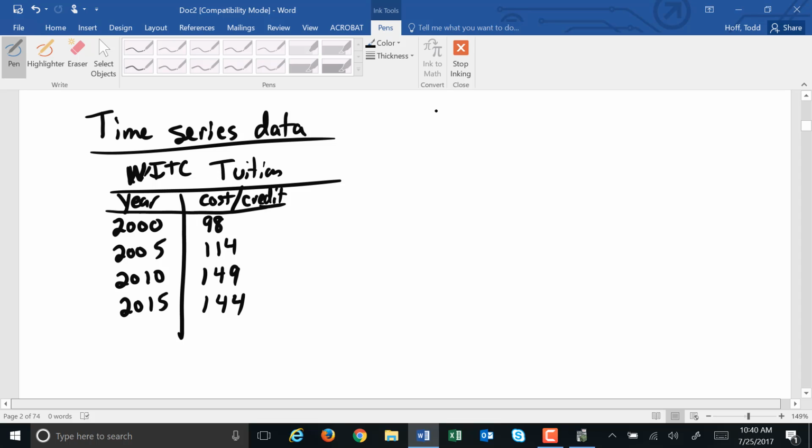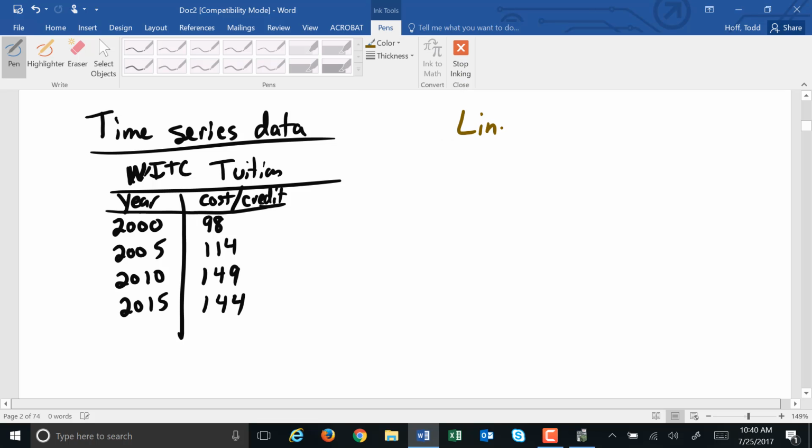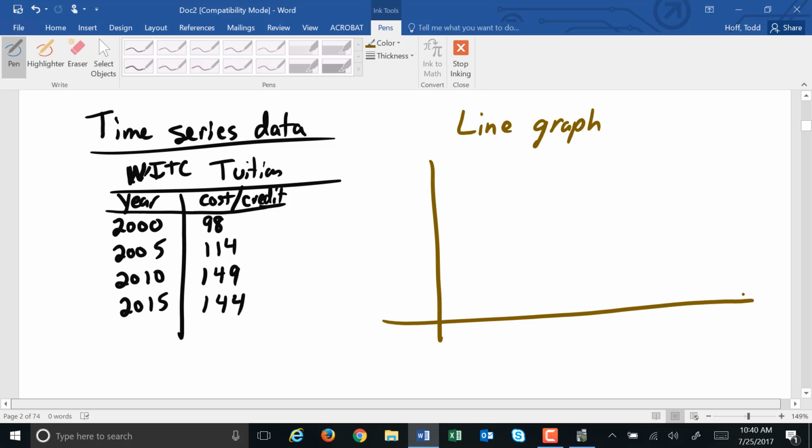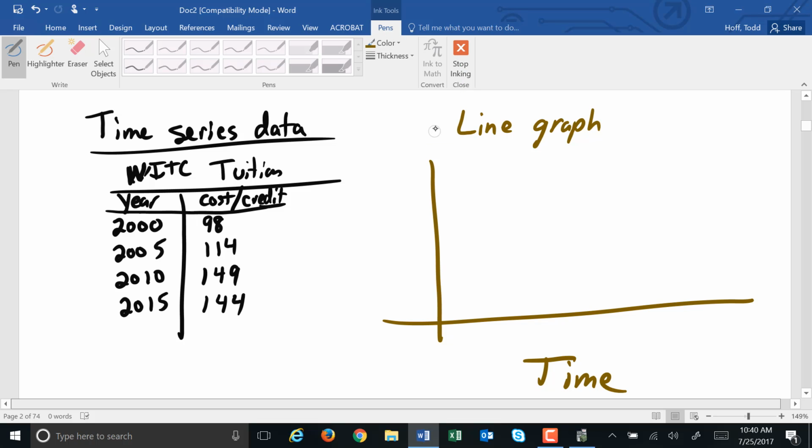Our graph that we use to graph time series data is called a line graph. And in a line graph, time always goes on the bottom. Now, in this case, our time that's being expressed is the school year.